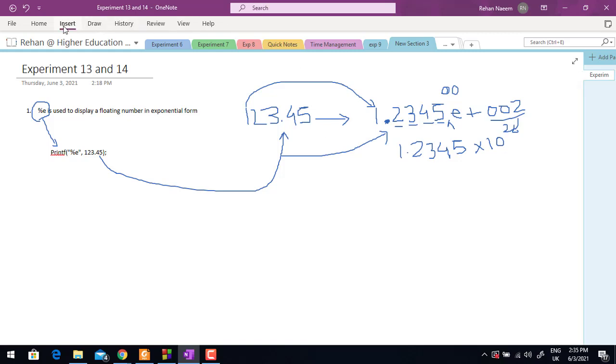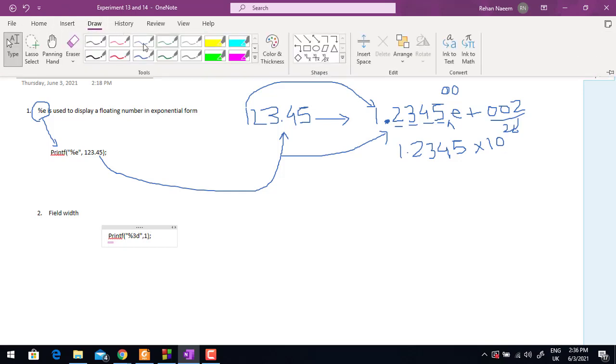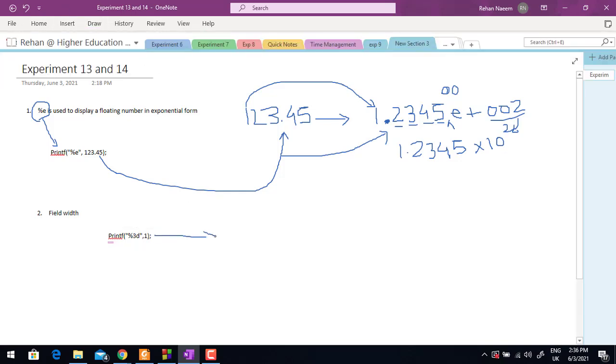Okay, the next important concept is the concept of field width. If I write printf percentage 3d, comma 1, what this statement will do is, this is your screen, this is the output screen.